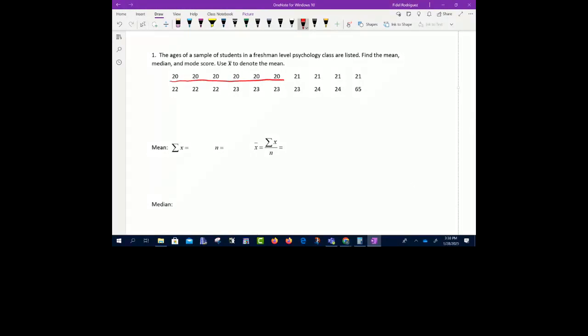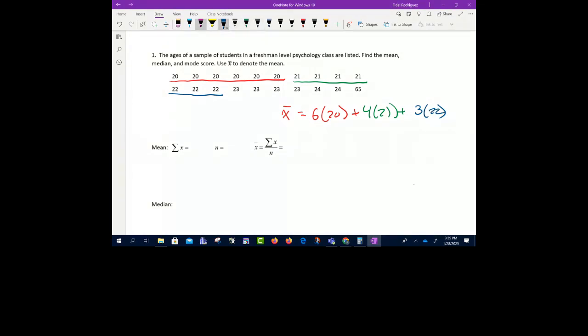How many 20s did we have? Okay, 6 twenties. How many 21s did we have? 4. 4 times 21. How many 22s did we have? 3 22s.